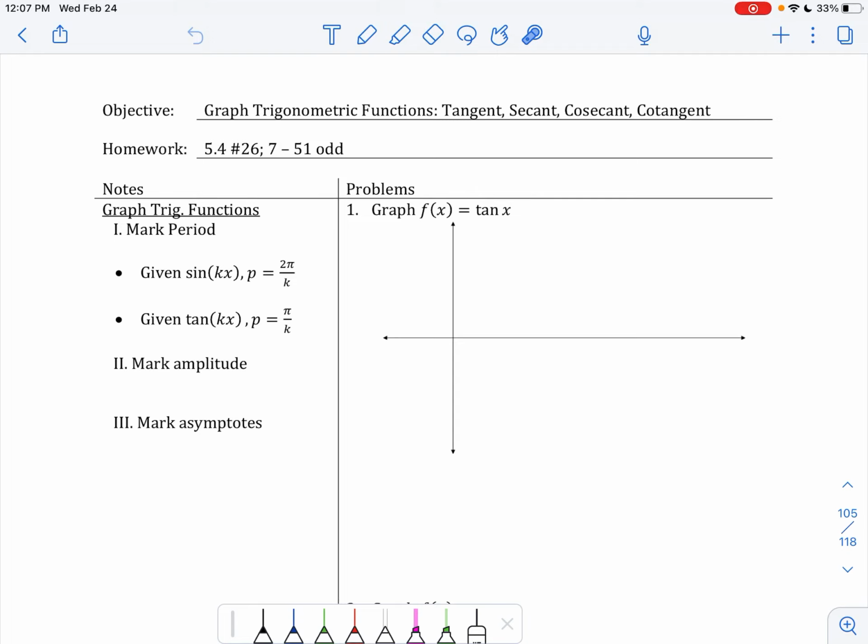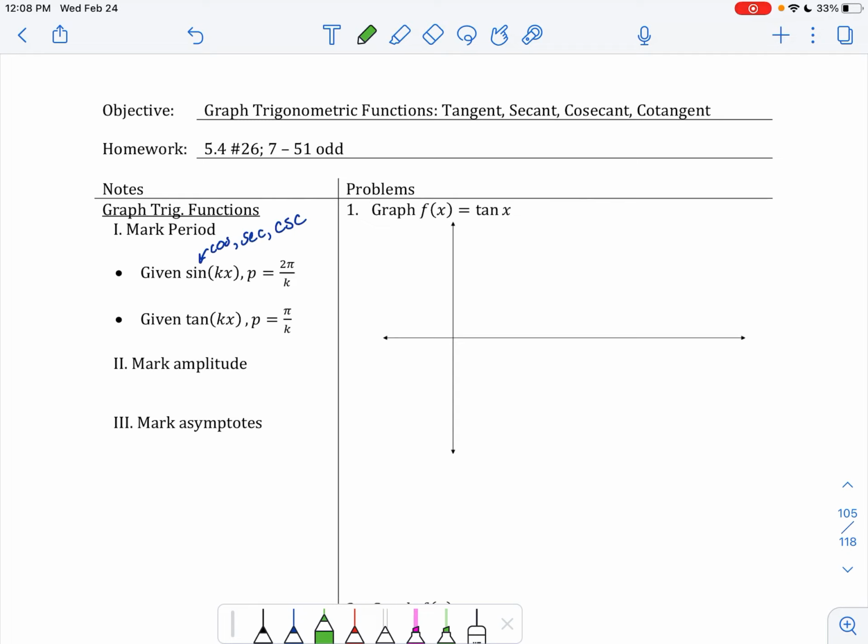So if we are looking at sine of x, and this is also true of cosine, secant, and cosecant, then your formula for period is 2 pi over k.